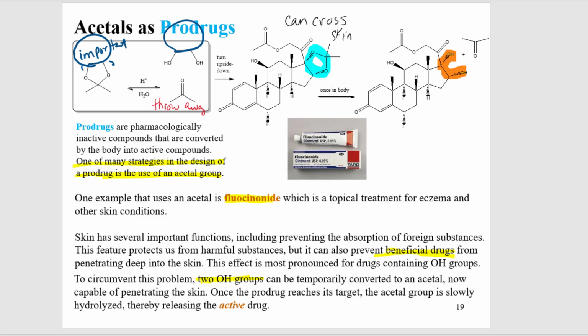Once the prodrug reaches its target, the acetal group is slowly hydrolyzed. Our body's got tons of water, right? So if you want to take away the acetal and reveal the diol again, very, very easy. Our body can provide the acid in the water. Really cool stuff.